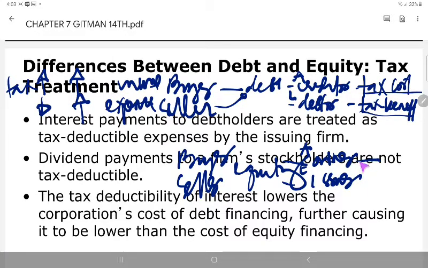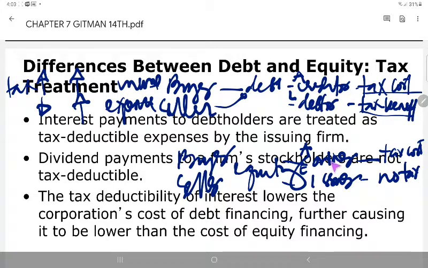If I am a buyer of stock, what will I receive? Income. So I will have tax cost. Diba? And if I'm the issuer, there will be no tax. How come?